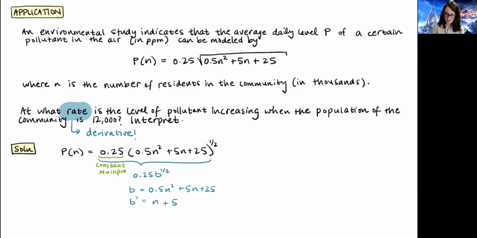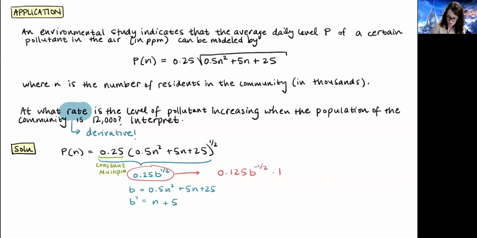Now, if we're going to differentiate something of this form, 0.25 b to the 1/2, this is going to look like 0.25 times 1/2, by bringing the 1/2 down and multiplying. So that will give us half of 0.25, so that's 0.125, b to the negative 1/2.